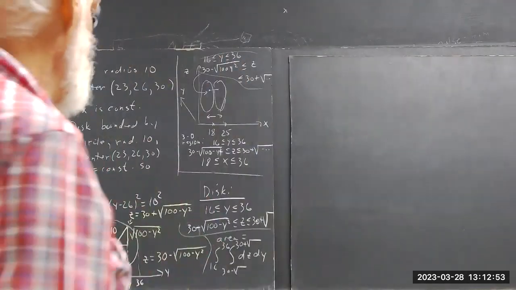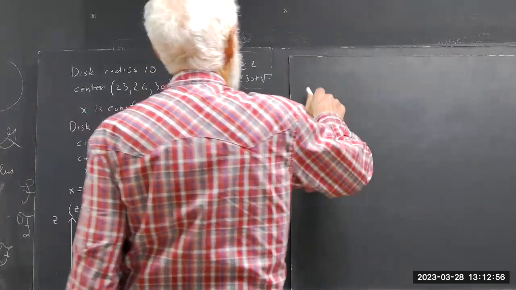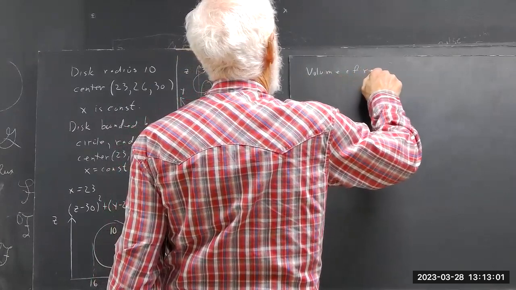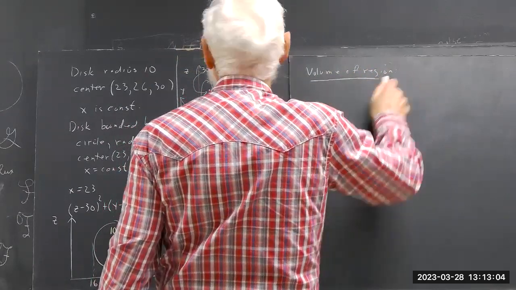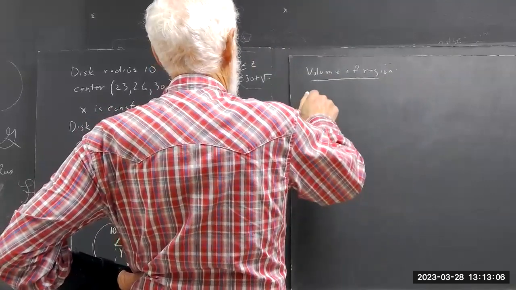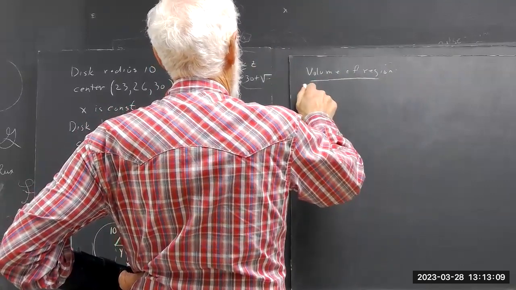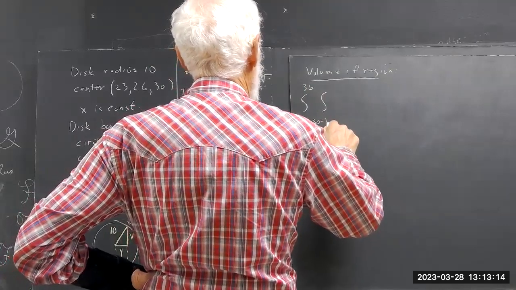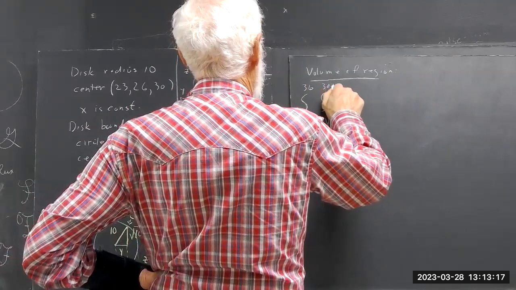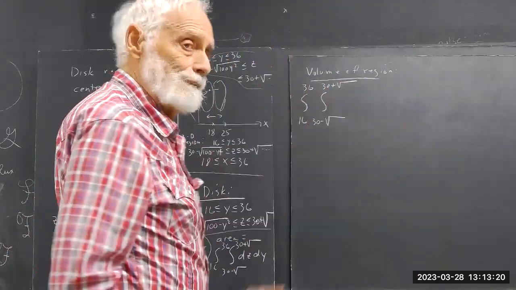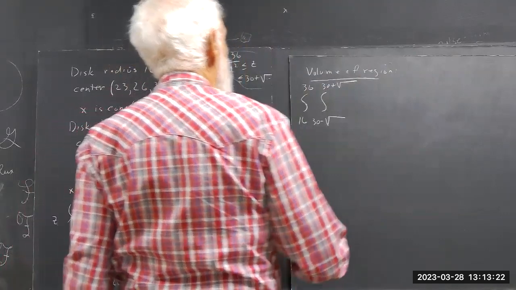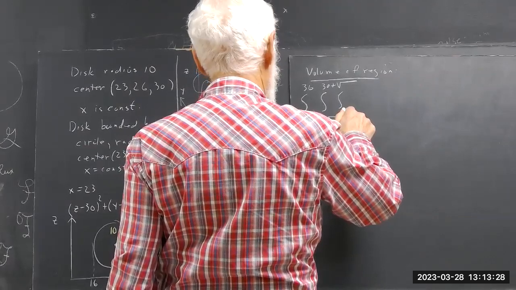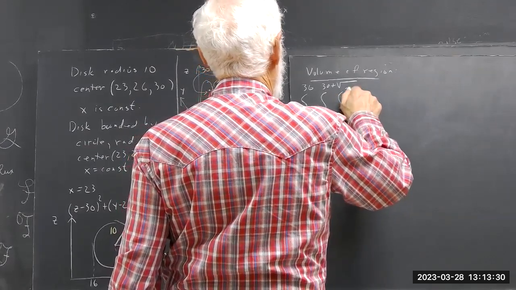What's the volume? The volume of that region is the integral from 16 to 36 of the integral from 30 minus that square root to 30 plus that square root. We know what's under the square root, of the integral from 18 to 25.